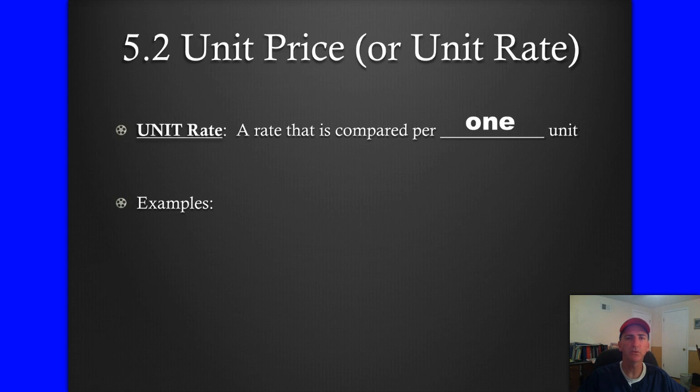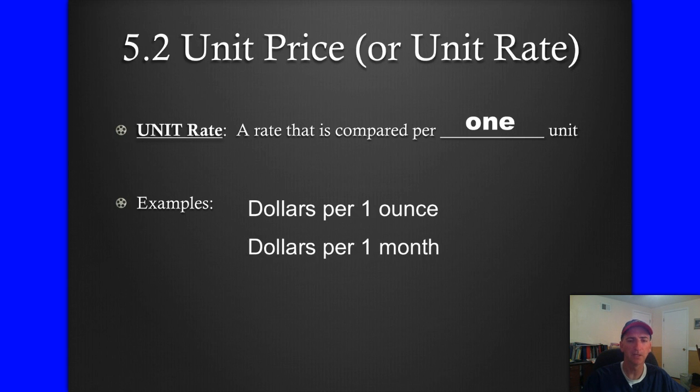Unit rate is what you do when you find the value per 1. That's what happens when you divide it out. That tells you how many you have per 1. So if you say dollars per ounce, when you divide that out, you're really figuring out how many dollars for every 1 ounce if you're buying some food in the grocery store. Or if you're earning a salary, dollars per 1 month, or if you're paying a certain amount of money per month.